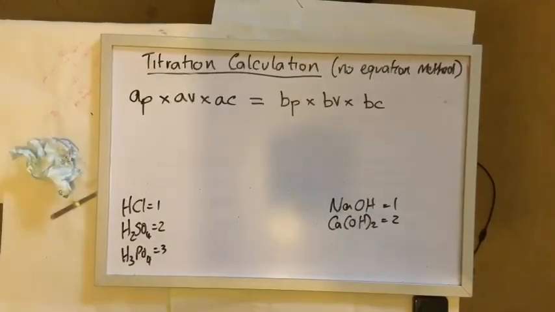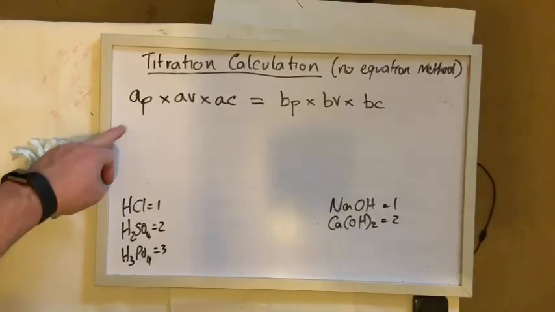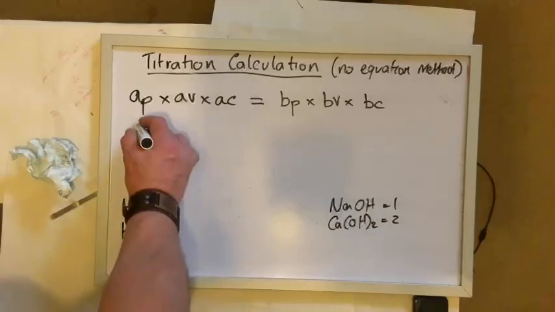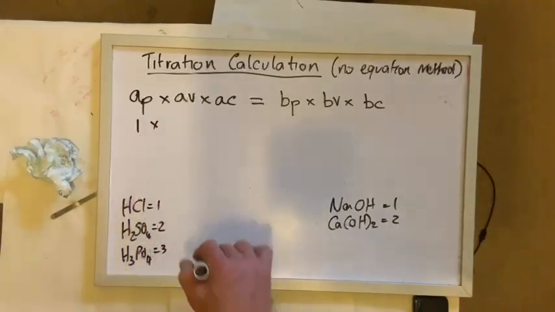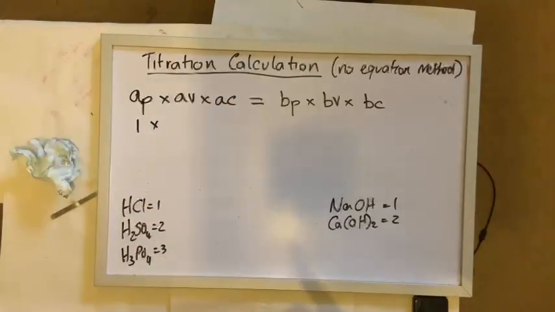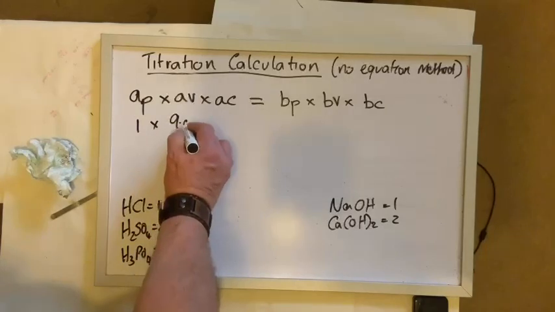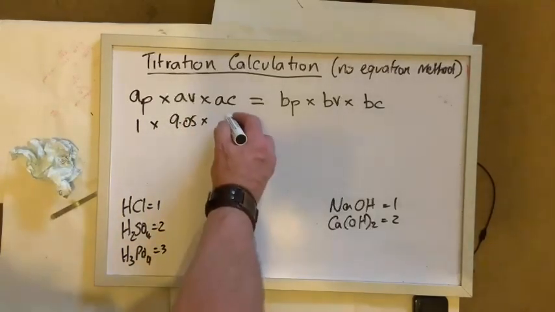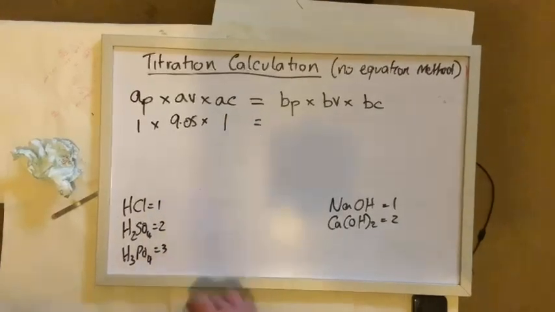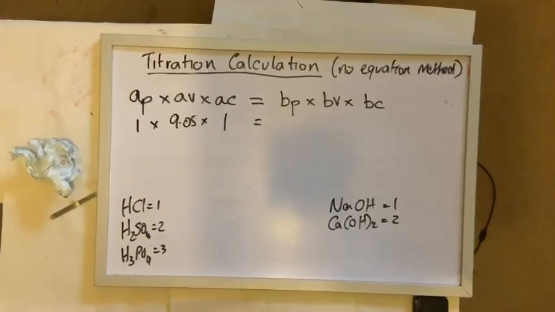We can substitute our numbers in that we know from the actual titration. Acid power on this side is hydrochloric acid. So we know it's got a power of 1. The acid volume, again, work out with the titration. Use the second two numbers, always ignore the rough. 9.1 plus 9.0 divided by 2 gives you 9.05. And the acid concentration, we're given at the start, it's going to be 1. The base power, again, sodium hydroxide, 1 OH.